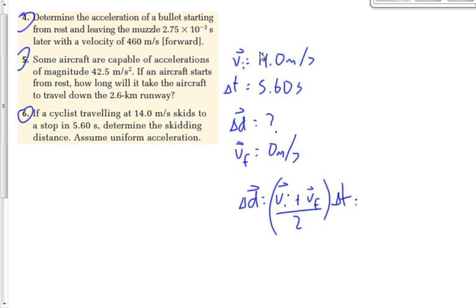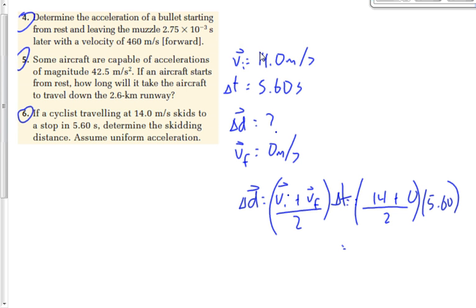Yeah, 14 plus 0 divided by 2 times 5.60. Now that's perfect. Perfect that I made that mistake. Even the teacher sometimes makes the mistake of picking the wrong equation. That's okay. Don't be worried about that. As long as you're picking from the right group, first thing that's going to happen is you're not going to get an answer. What does that work out to be?